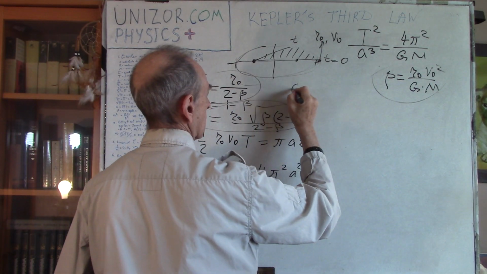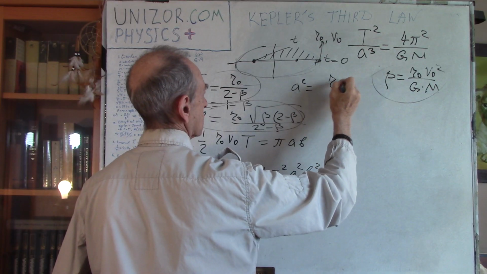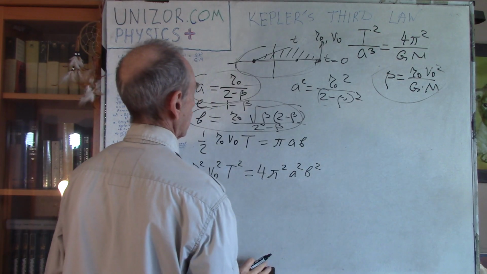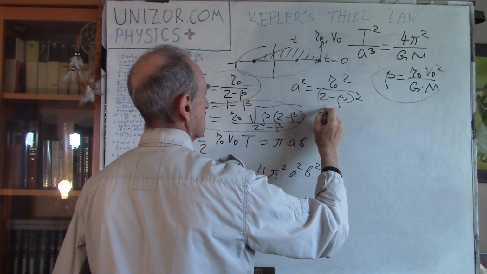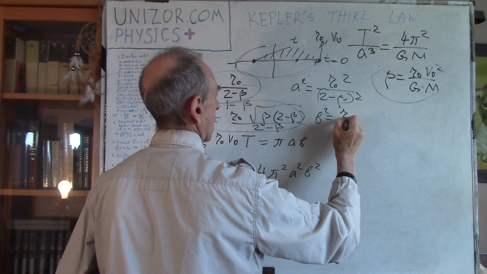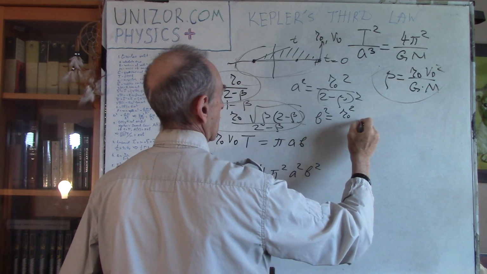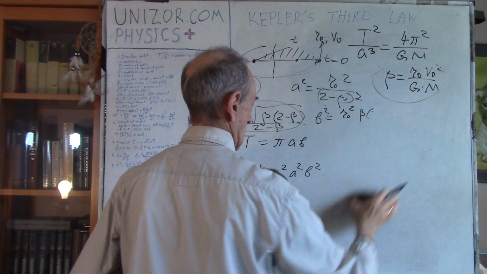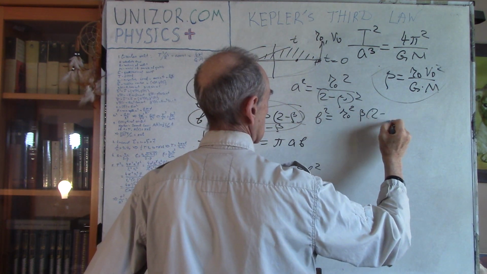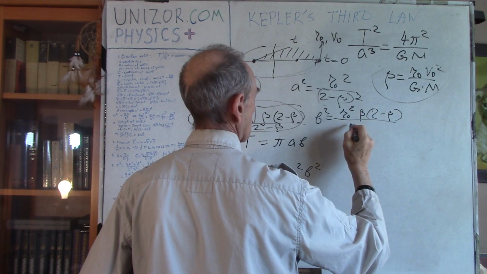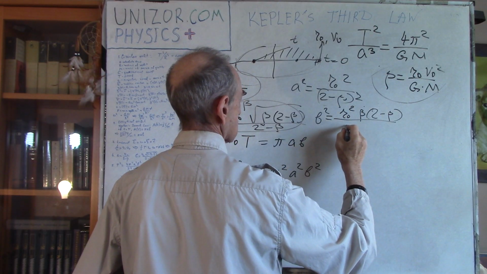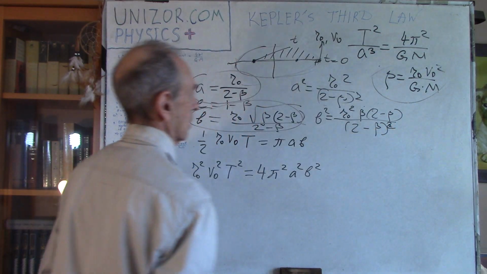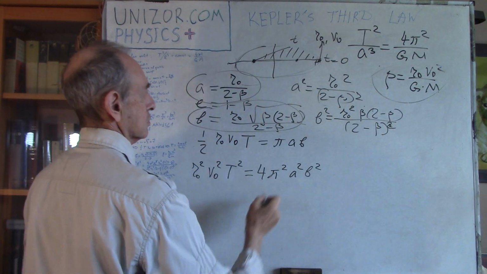So A square is equal to R0 square divided by 2 minus beta square, right? And B square would be equal to R0 square beta times 2 minus beta, divided by 2 minus beta square. All right, so substitute it here.